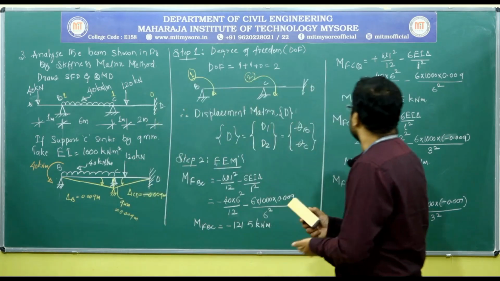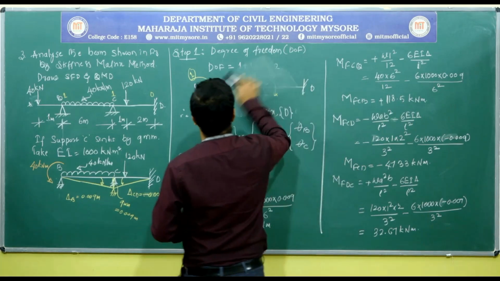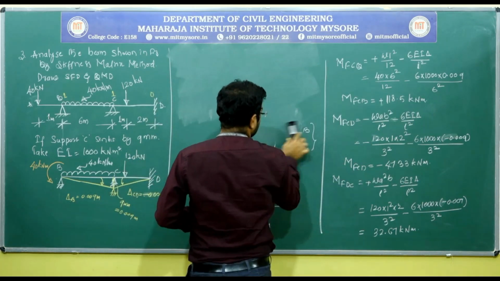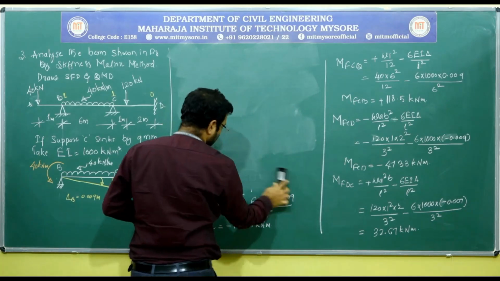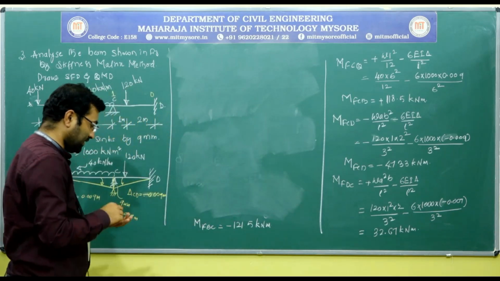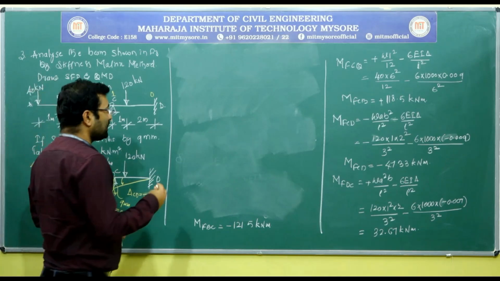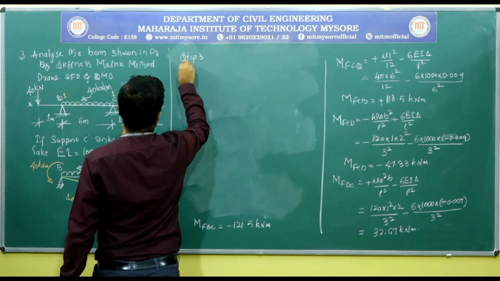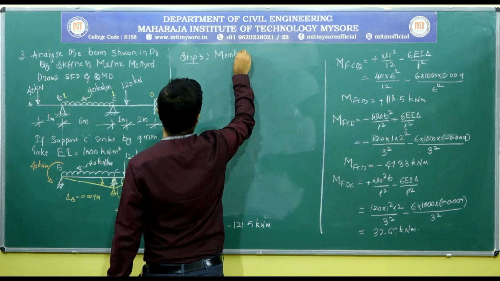Okay. So now once we have the fixed end moments, our next duty is to calculate the force matrix. That is, we need to work out the force coefficients F1 and F2. For that I need to go for one more step, step number 3, where I will be estimating the member forces.